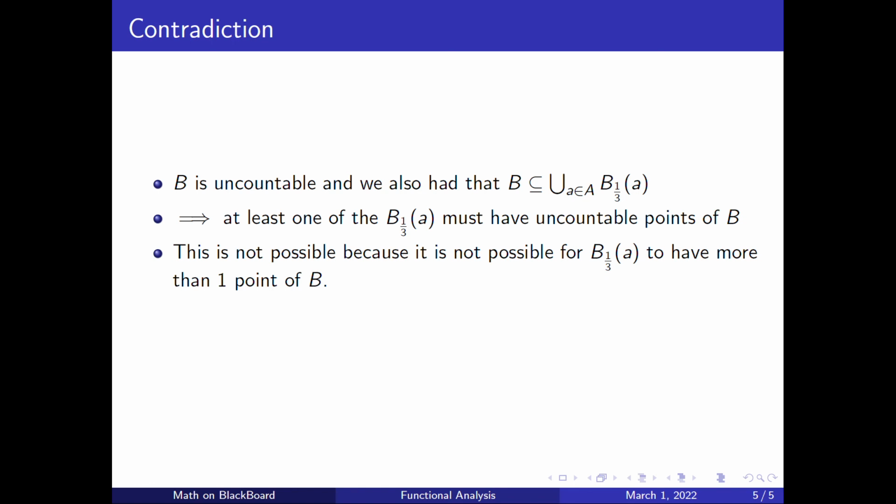So if you cannot have 2 points in the same set, you can forget about asking for an uncountable number of points of B to be in the same set. So this leads us to the contradiction, and therefore L infinity is not separable.